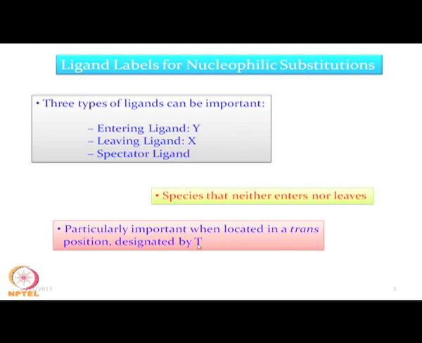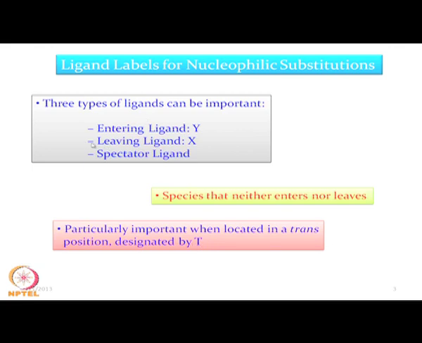When we are talking about substitution reactions in octahedral complexes, we do not find any effect from the spectator ligand, but for square planar complexes like that of platinum or palladium, or for some strong field ligand around the nickel center like cyanide, we have these ligands which are trans to that particular system.